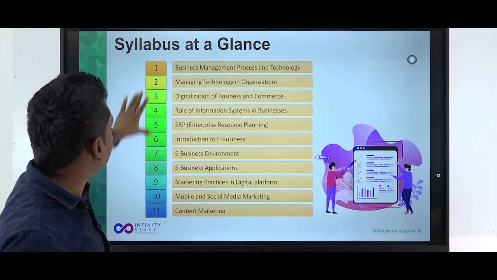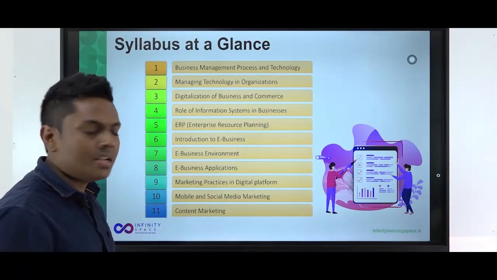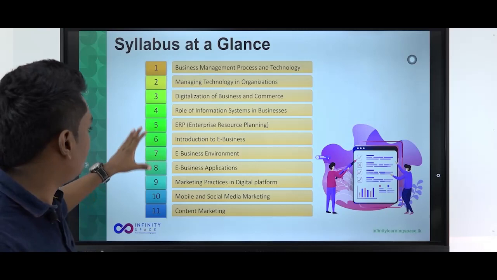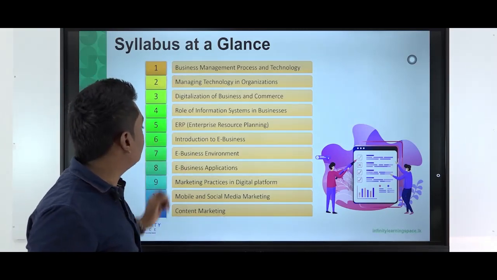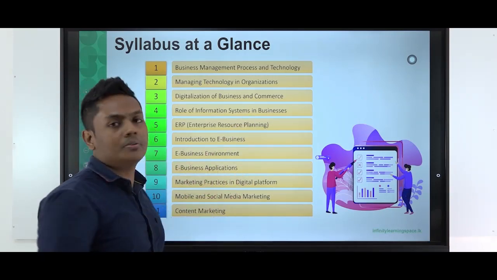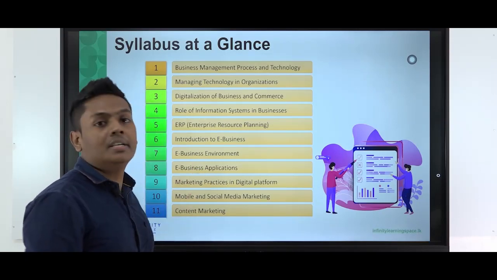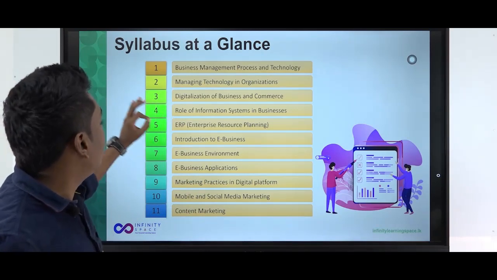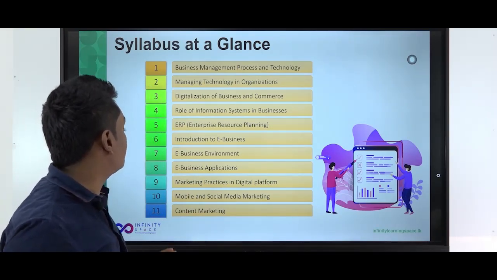This is what the examiner is focusing on to give you questions. So you need to have an overall understanding. But for this session, I will not take you through in detail what is covered exactly. Let's say if it is introduction to e-business, I'm not going to take you through the whole thing today, but we will be covering it in the upcoming sessions. What I want to give you is the initial impression about this syllabus and this subject.